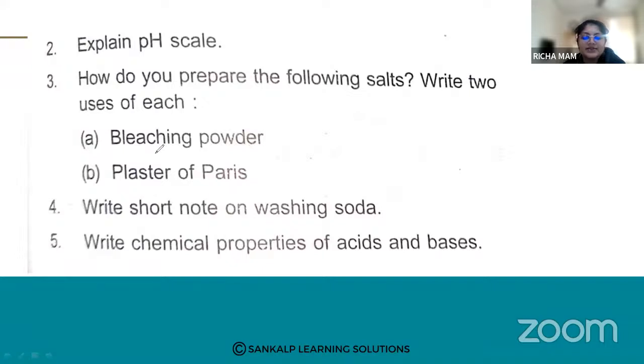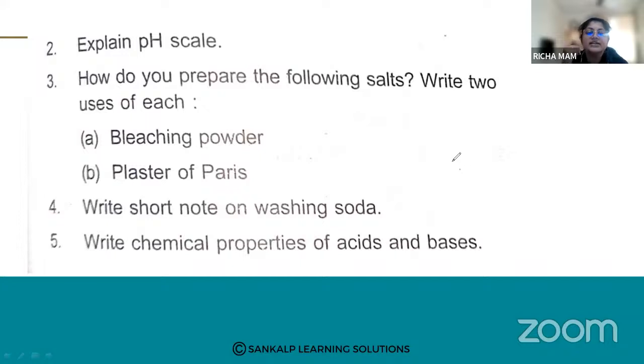So acids. We know that they change the color of litmus from blue to red. They convert methyl orange from orange to yellow, and phenolphthalein from pink to colorless.